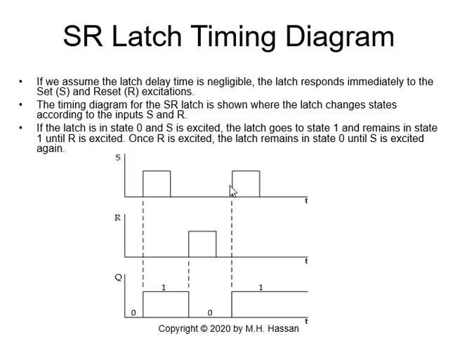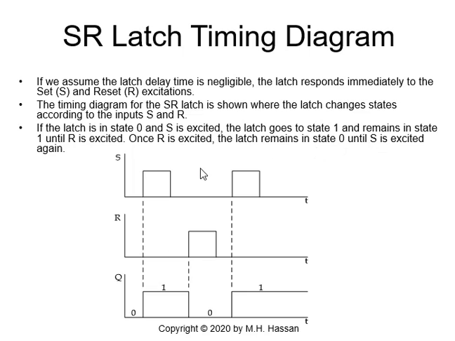If we assume the latch delay time is negligible, the latch responds immediately to the set and reset excitation S and R. The timing diagram for the SR latch is shown, where the latch changes state according to the inputs S and R. If the latch is in state 0 and S is excited, the latch goes to state 1 and remains in state 1 until R is excited. Once R is excited, the latch remains in state 0 until S is excited again.